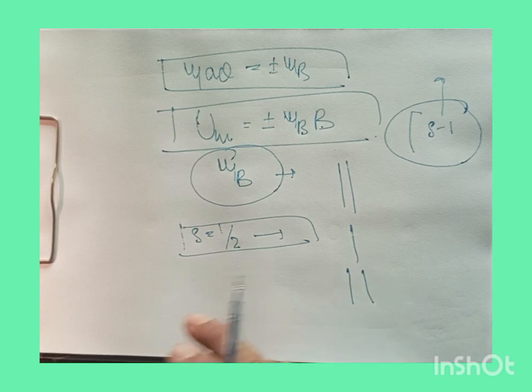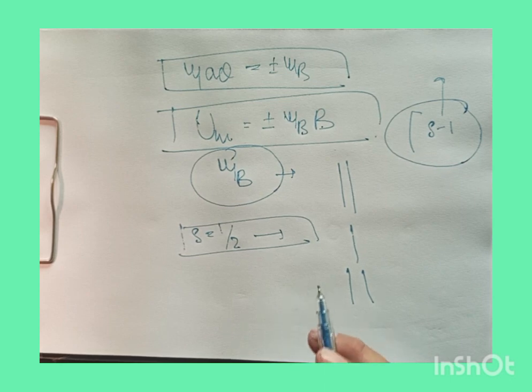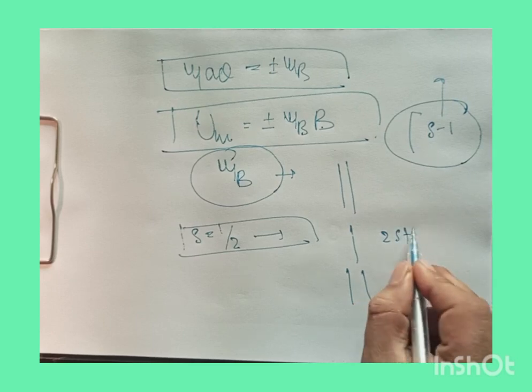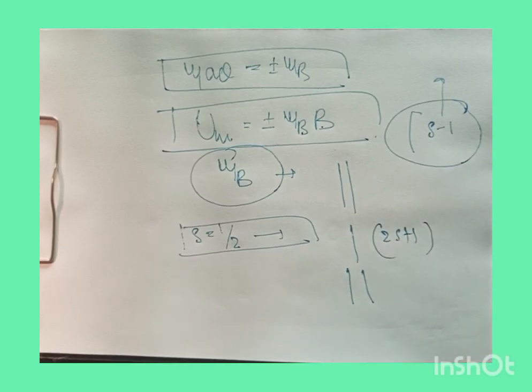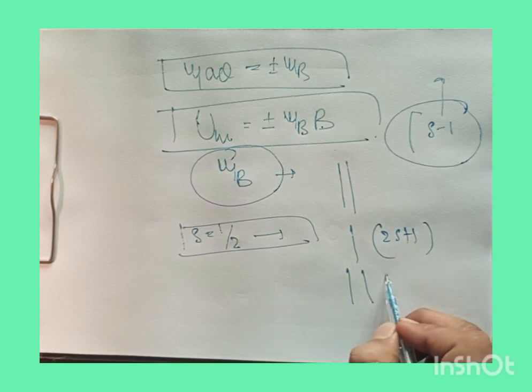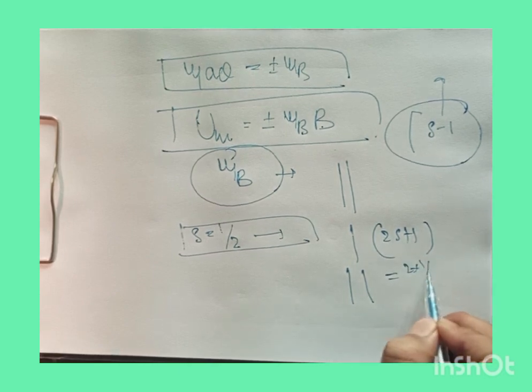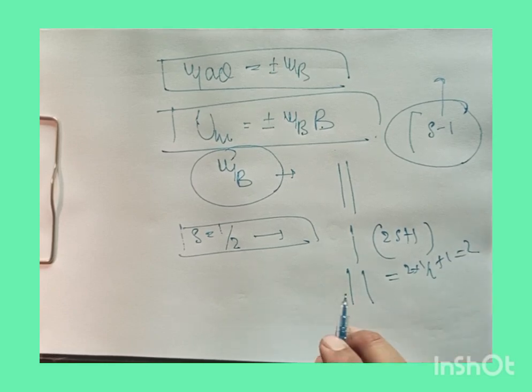This is because what would be a single state without spin are in fact twin states, the 2s plus 1 states that we are talking about. And these are the possible orientations of the spin vector s. And this must equal 2 times 1 by 2 plus 1, that's equal to 2.